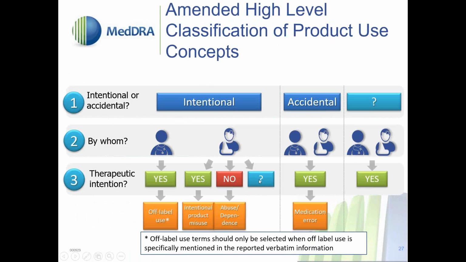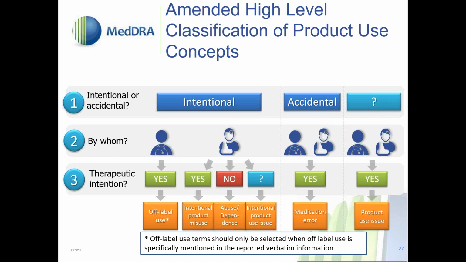If you have a case where you don't get further information and cannot say whether an intentional deviation from the product label was for therapeutic purposes, then you would use one of the LLTs under intentional product use issue. And if you do not have the information whether a deviation really occurred intentionally or accidentally, then you would select a suitable LLT under PT product use issue.